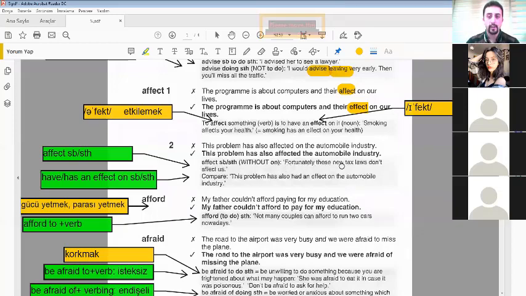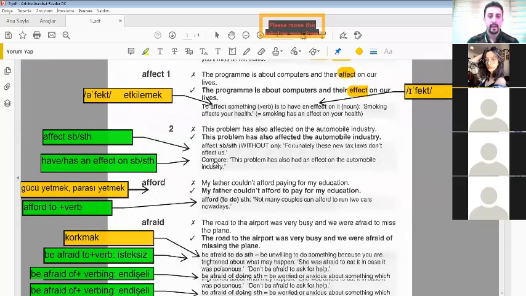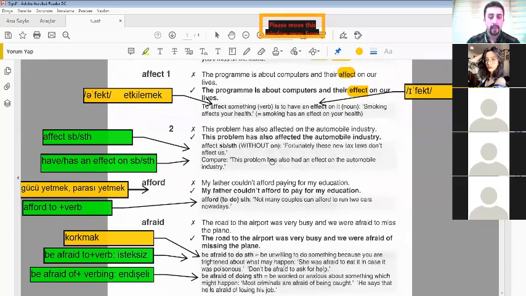Fortunately, these new tax laws don't affect us, affect somebody. Here, this problem has also had an effect on the automobile industry. So have or has an effect on somebody or something.